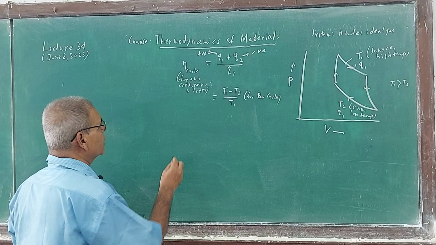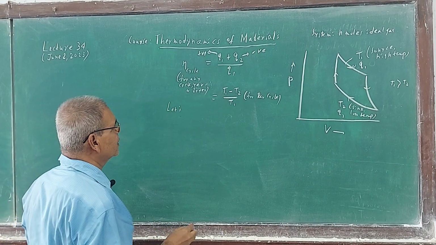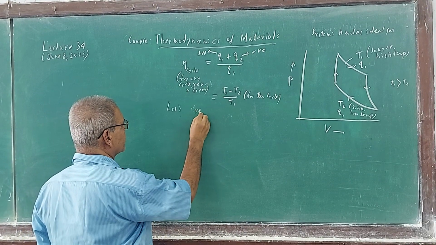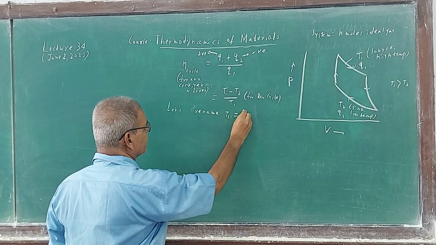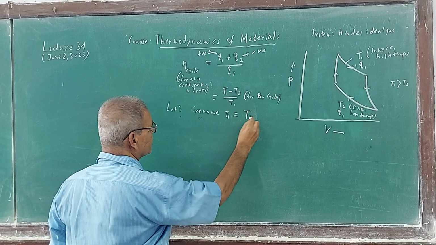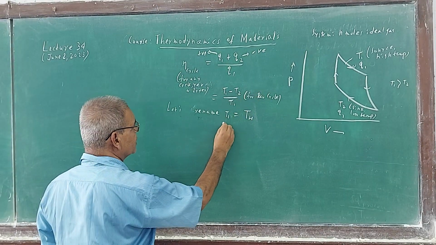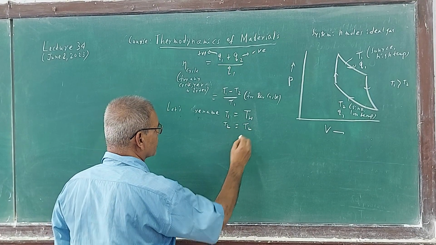Now let us rename T1. Since it's high temperature, I call it TH. You don't mind. H for high temperature. T2 is TL, low temperature.